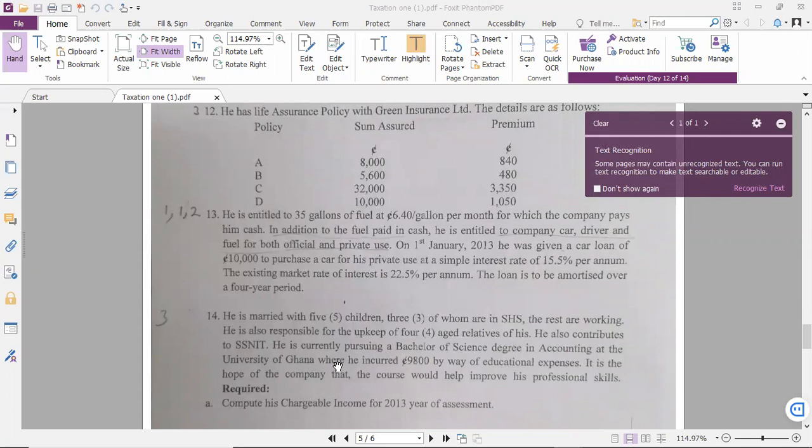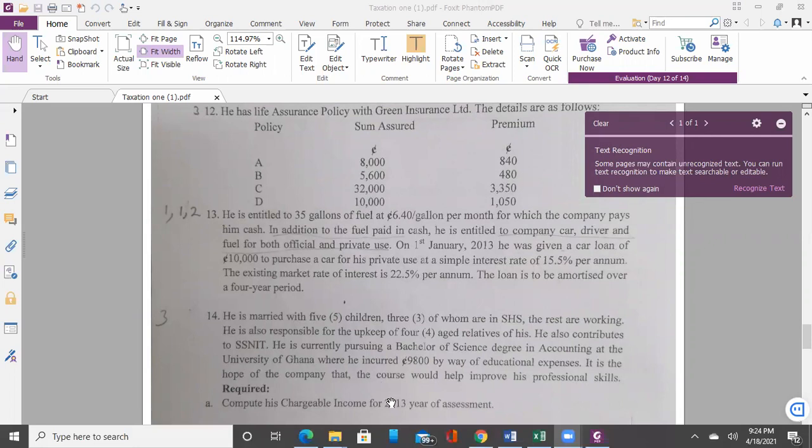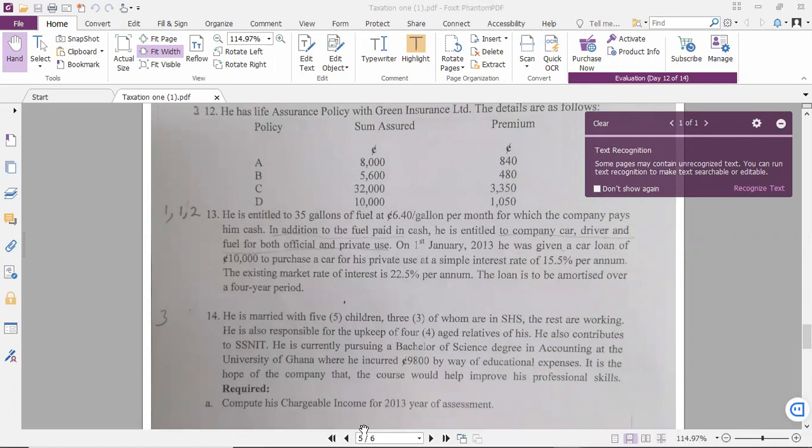He is a SNIT contributor and currently pursuing a Bachelor of Science degree in accounting at the University of Ghana, of which he incurred 9,800 by way of educational expenses. And it is the hope of the company that the course will help improve his professional skills. And you are required to compute his chargeable income for the year ended 31st December 2013, or for the 2013 year of assessment.